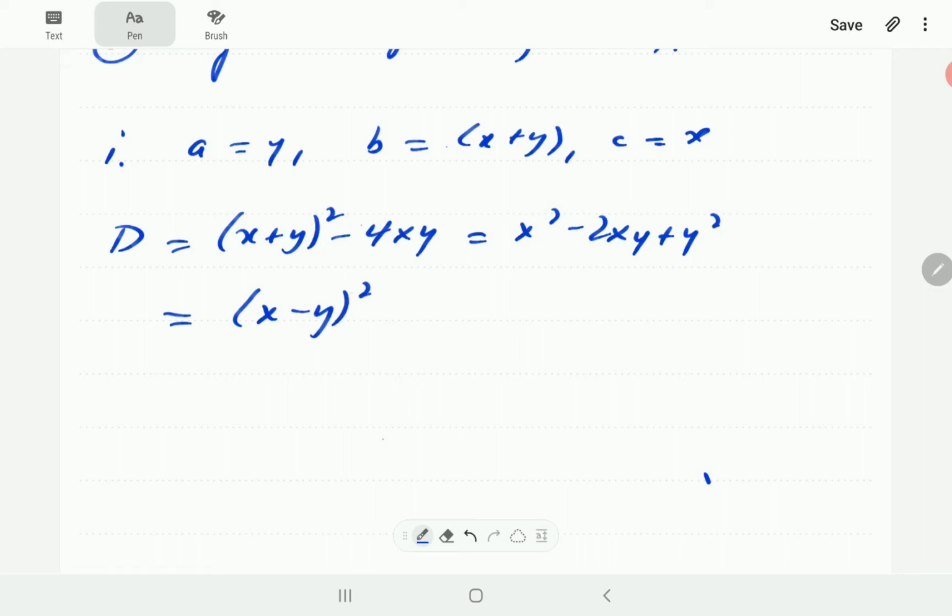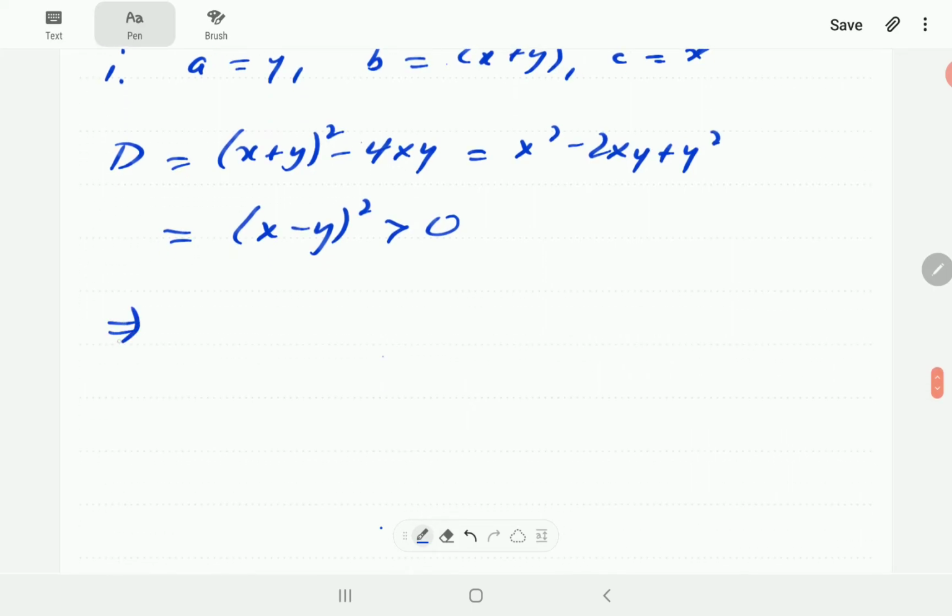This is x minus y all squared. Since x is not equal to y for this PDE, this is always greater than 0. So that tells us that the PDE is hyperbolic.